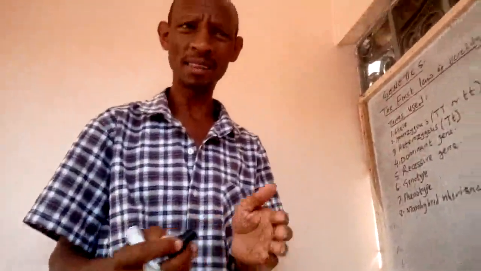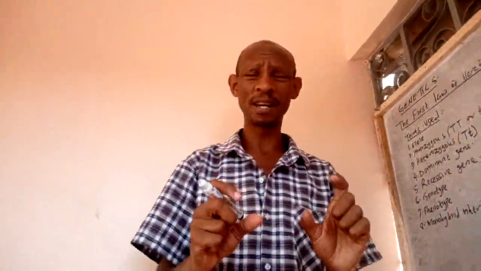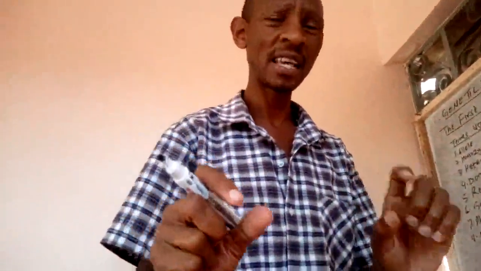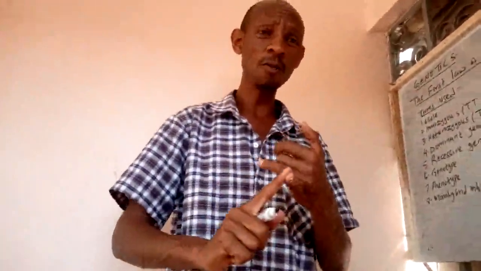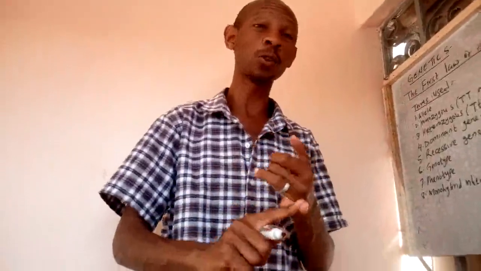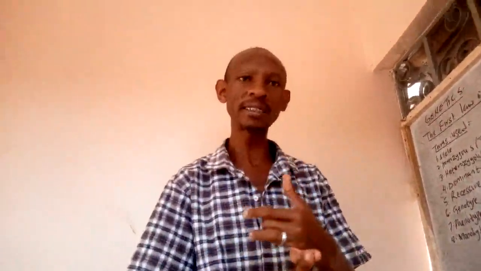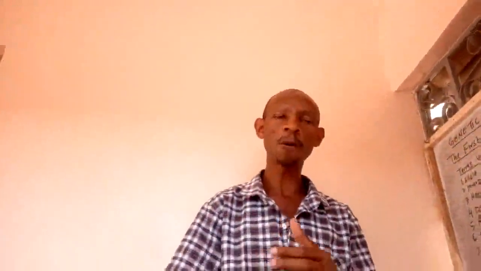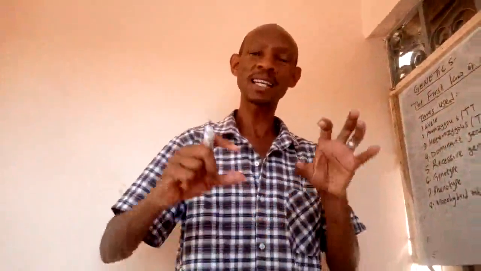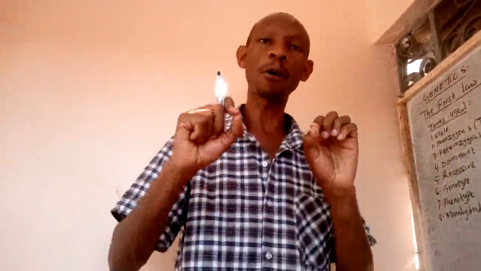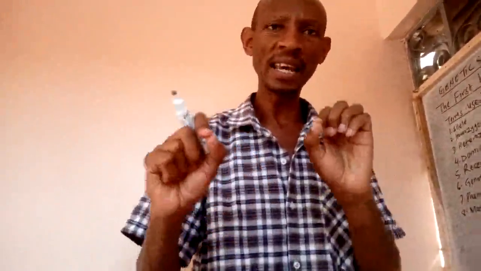The characteristic in monohybrid inheritance must be one single characteristic, and it is contrasting, and therefore the opposite of tallness is dwarfness. So height is a monohybrid inheritance.